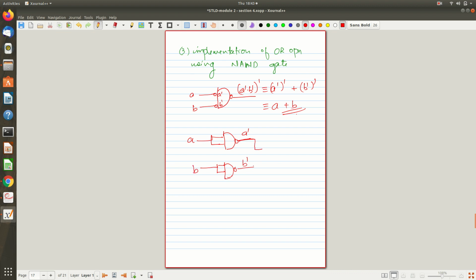Now these two things you can apply together to a third NAND gate. Instead of the two inverters, I used two NAND gates, that's all. So I need 3 NAND gates. This is going to give you A complement dot B complement, the whole complement, that is nothing but A plus B. So this is how you can implement the OR gate using NAND gates.